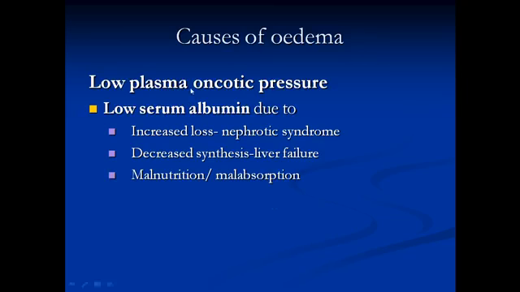The main thing is low serum albumin, because either albumin is not synthesized, or albumin is being lost, or in malnutrition there is low protein supply to the body. So low serum albumin causes low plasma oncotic pressure, causing edema. Nephrotic syndrome and liver failure are very much important for us.